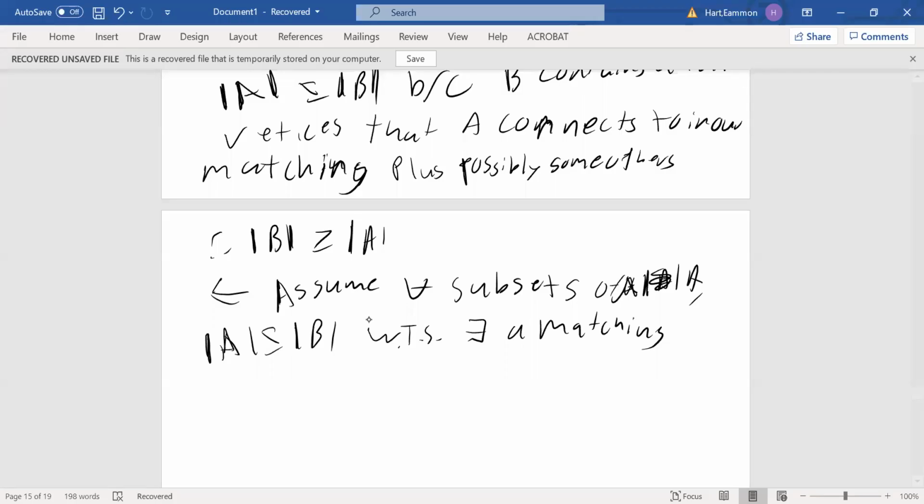So this is what I'm trying to show, but instead I'm going to try to show the contrapositive. I think that's just going to be a little bit easier.